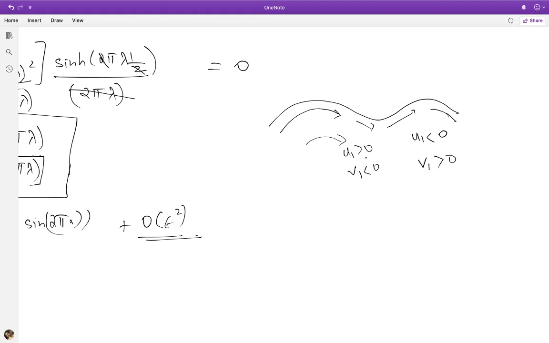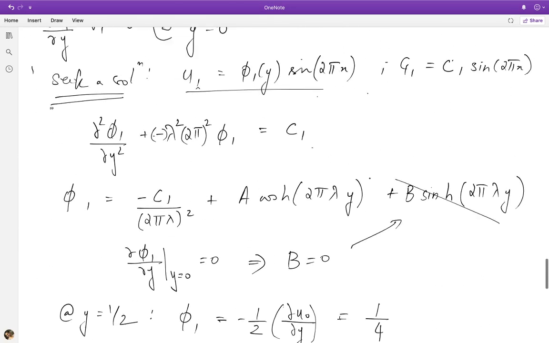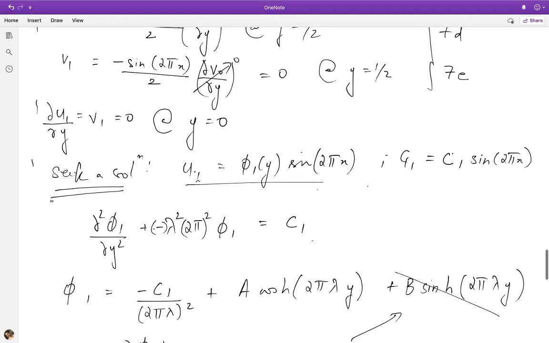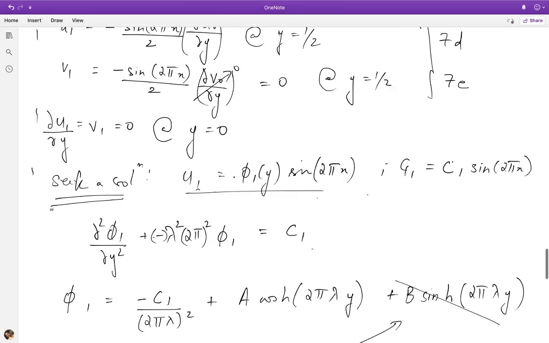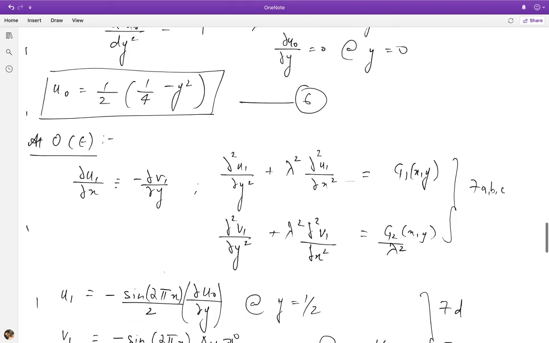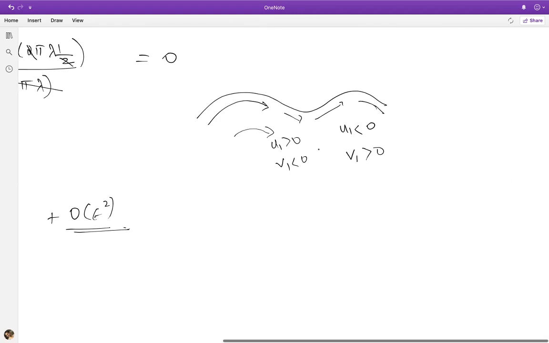This out of phase behavior is apparent from the continuity equation, because if u1 goes as sine 2 pi x, v1 will go as cosine 2 pi x. So the signs of u1 and v1 will be opposite, and that makes sense with this type of diverging flow.